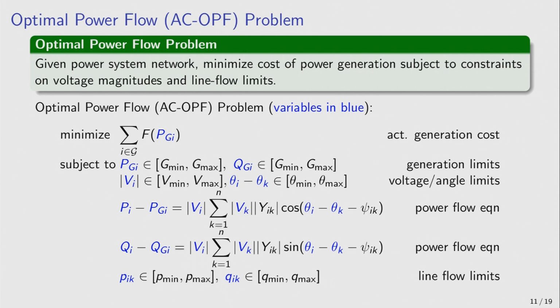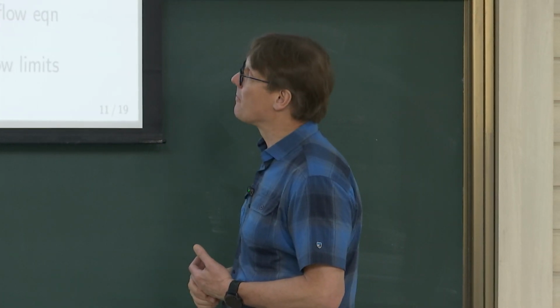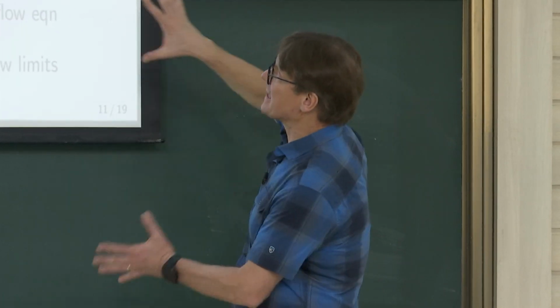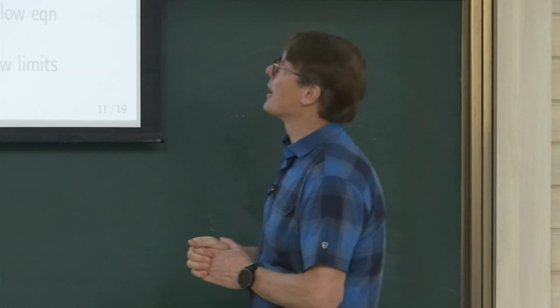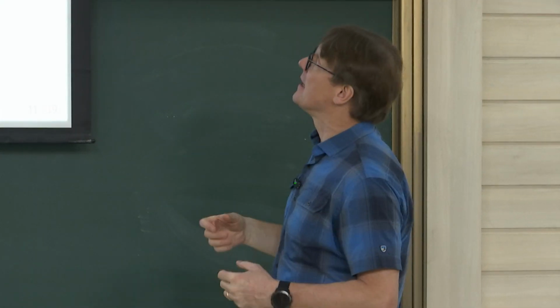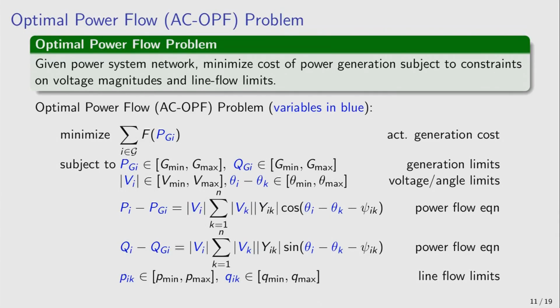You have multilinear terms here that involve the magnitudes of V_i, V_k, and the cosine of the angle differences. And so this is generally a non-convex, nonlinear optimization problem. This is kind of the bread and butter problem that people who work in power grids would look at, the AC, alternating current, optimal power flow problem, AC OPF.